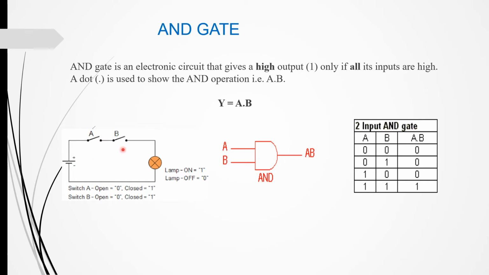Here two switches are connected in series. So when both switches are closed, then only lamp will glow. If any one switch is open, then current will not flow through it and lamp will be off. The logic of AND gate is if A is high and B is high, then only Y is high.